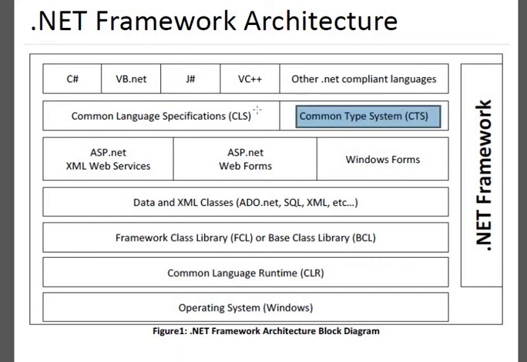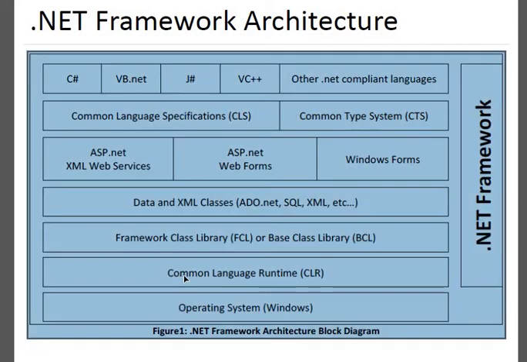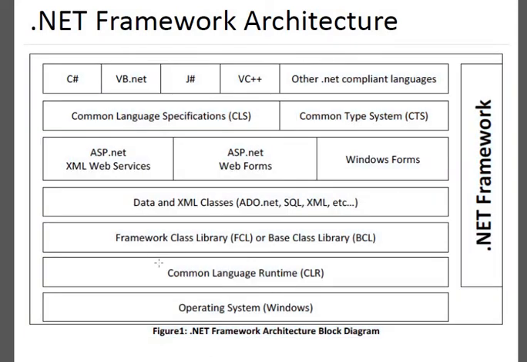So we will understand first of all what is common language runtime. It is also known as CLR. The common language runtime is the execution engine for .NET application and serves as an interface between .NET application and the operating system.